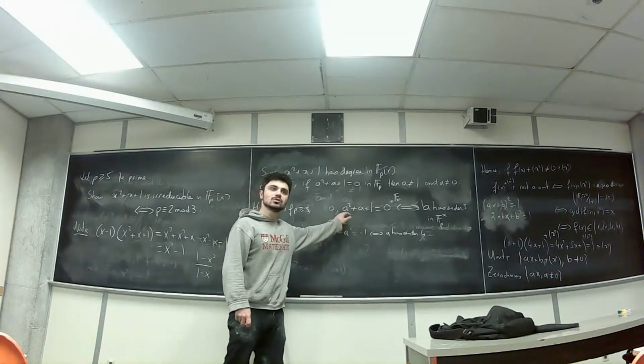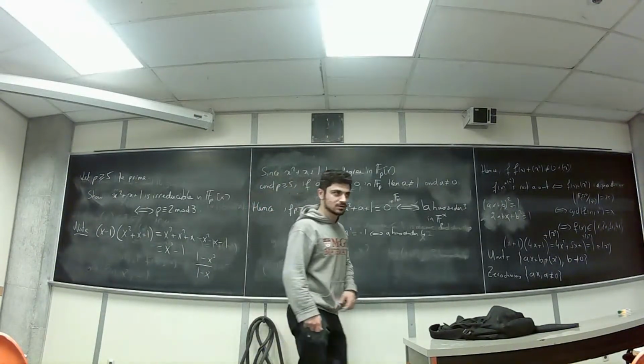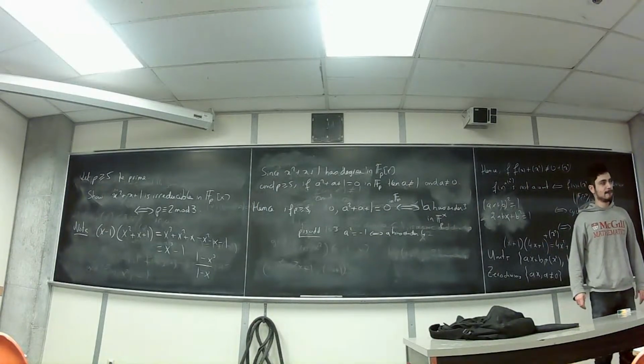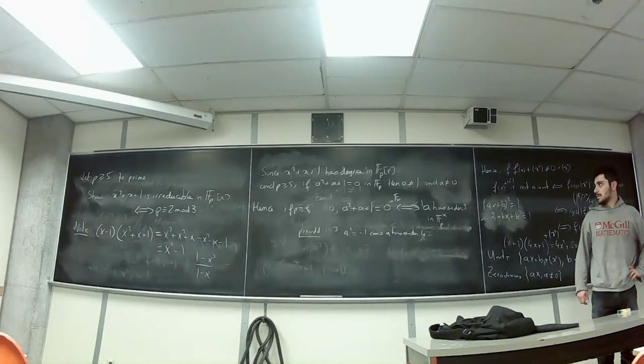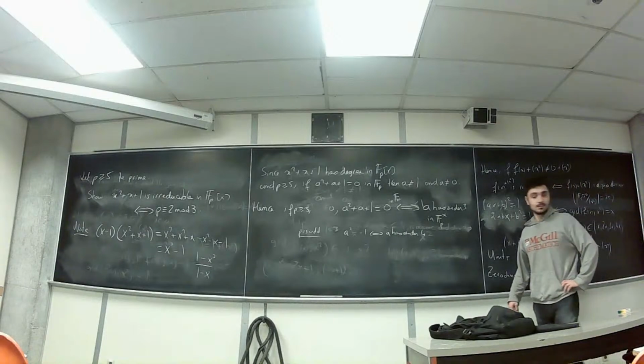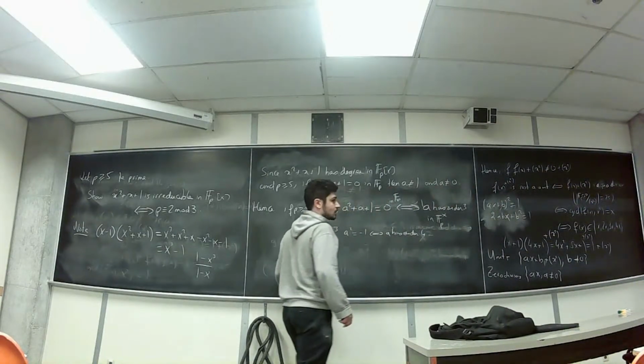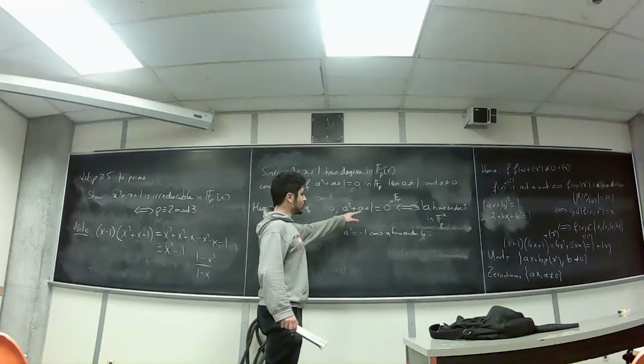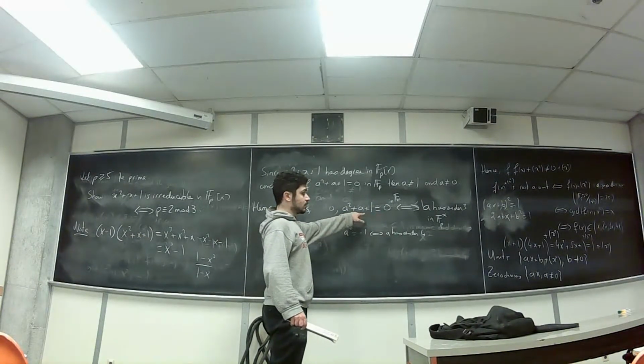This one you should know, and this one you should know. It's a good idea to know this. A is not 0. Why did the order 3 come in?